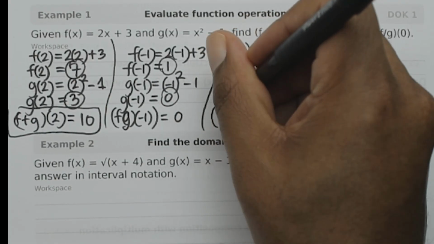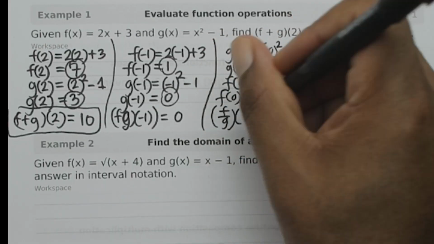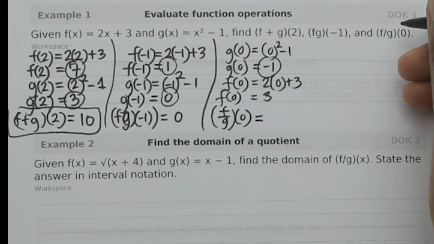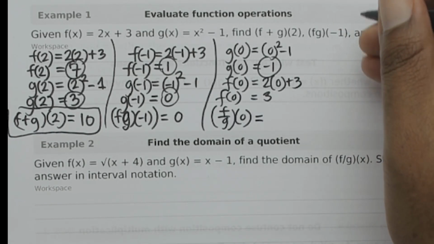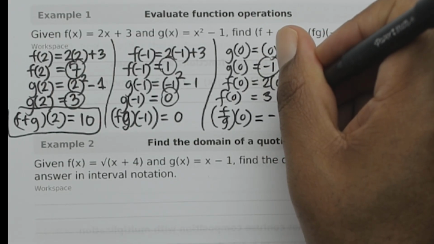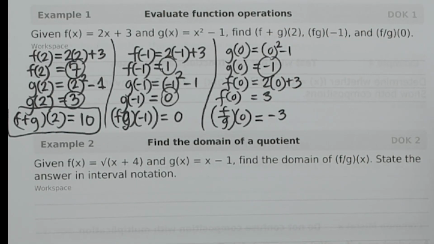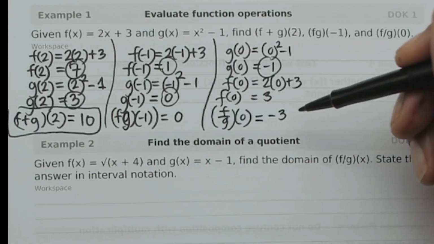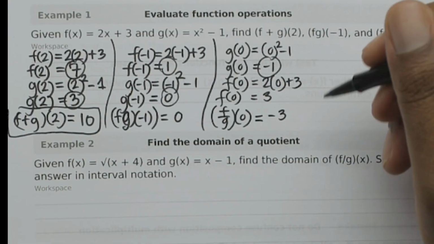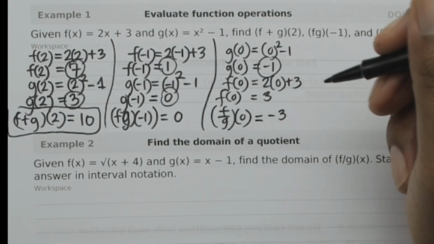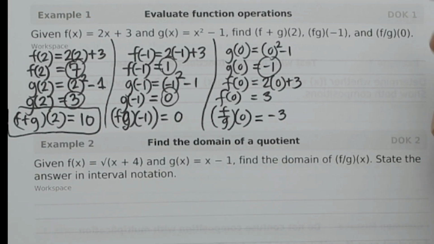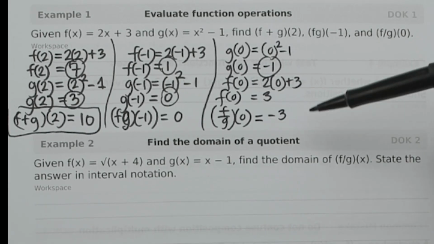So f over g at 0 is going to be 3 over -1, which ultimately results in -3. Now, since g of 0 is not 0, the quotient is defined.